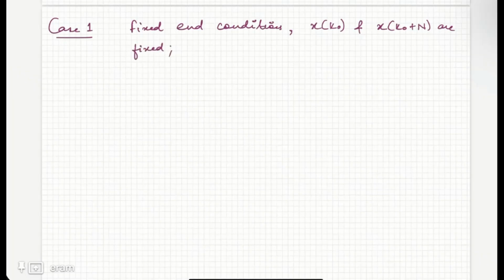Fixed means the variation of x at k naught and the variation of x at k naught plus n both will be 0.